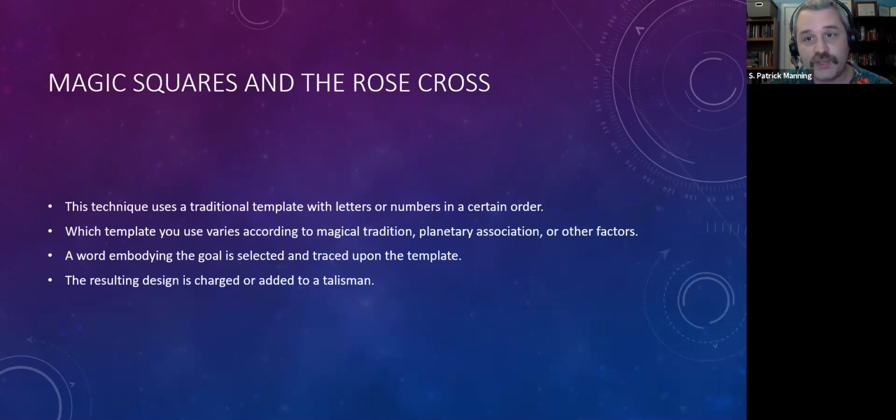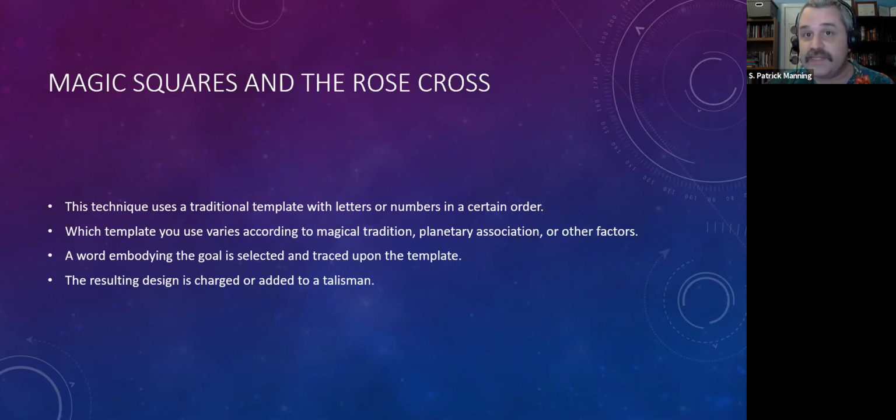The older, more traditional ones that you'll find in ceremonial magic traditions are using magic squares or using the rose cross lamen or some other template that is in accordance to a given magical system. I didn't have any images of magic squares, but I'm sure you've all seen the 3x3 or 4x4 images that have the numbers on them according to certain arrangements for planetary scales, or the rose cross arrangement, which I do have some images of that are going to pop up.